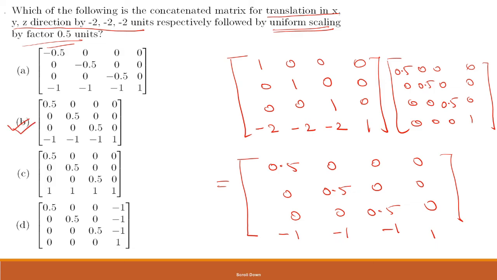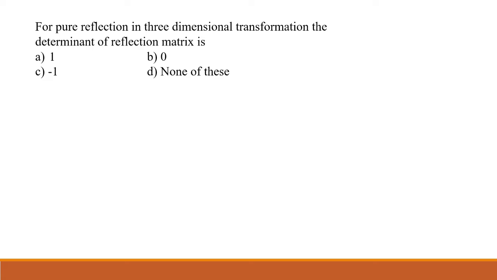Now let's move towards the next MCQ. For pure reflection in 3-dimensional transformation, the determinant of reflection matrix. So pure reflection. If you don't know the proper statement, what you can do is simply consider one example of pure reflection.